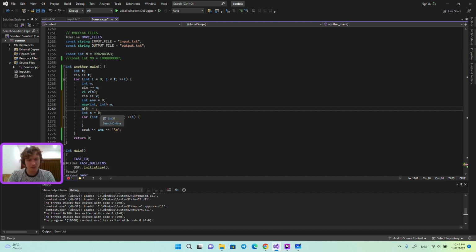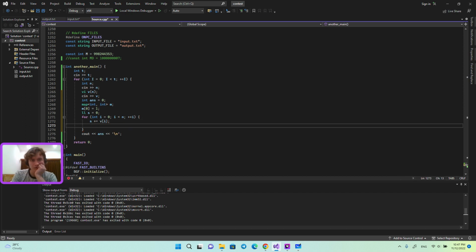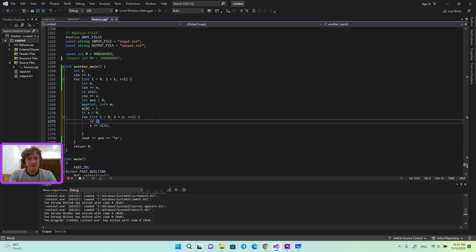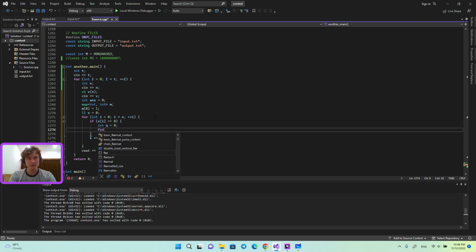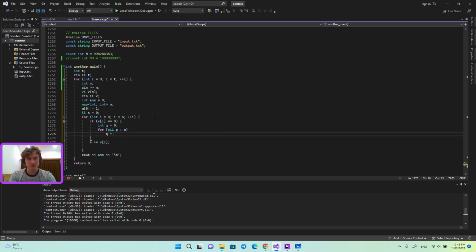No, this is int, but this is long long. So we say s plus equals vi. So if vi equals 0, then we have to flush the answer, and we add this q to the answer.